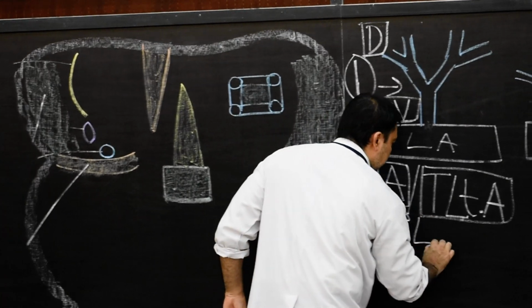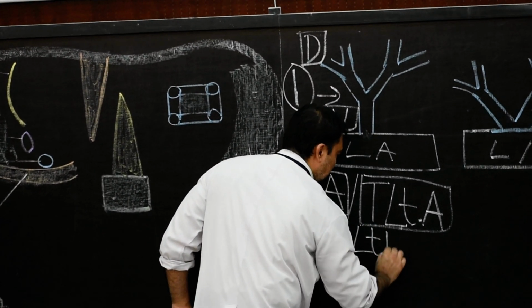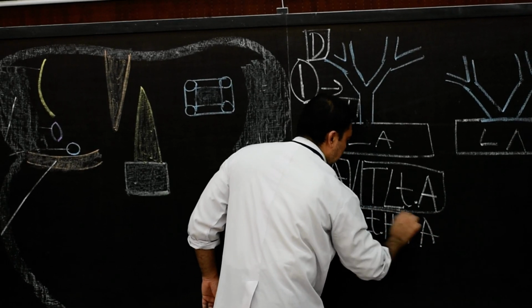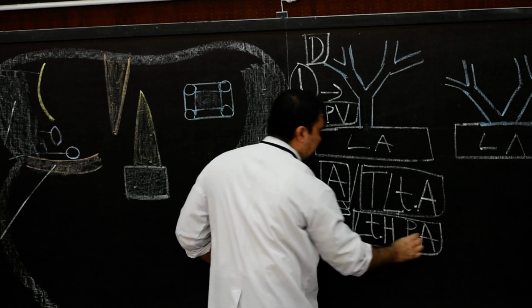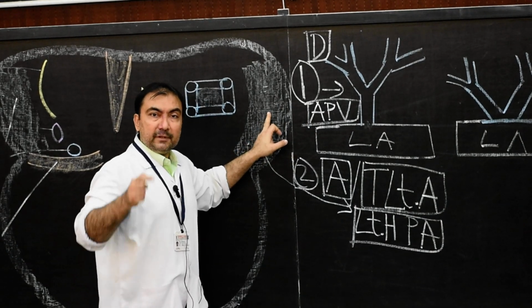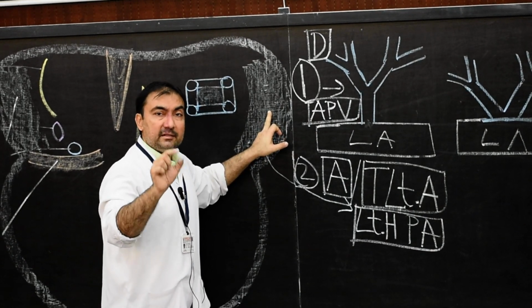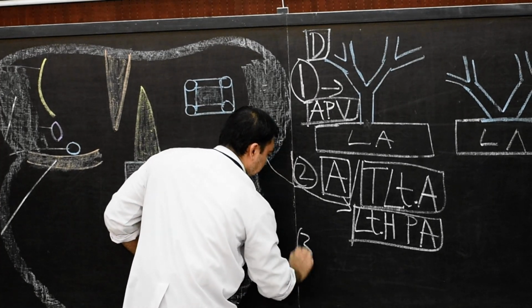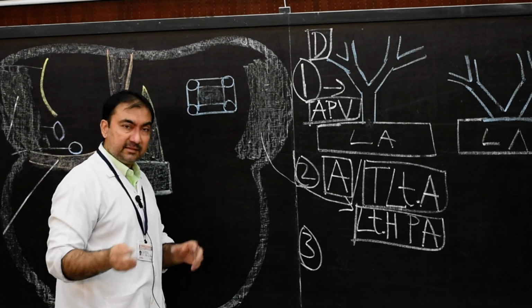So here I will write left half of primitive atrium. From the left half of primitive atrium, the anterior wall of left atrium or trabeculated anterior wall of left atrium will develop. Now the third point, again in common with right atrium, same.